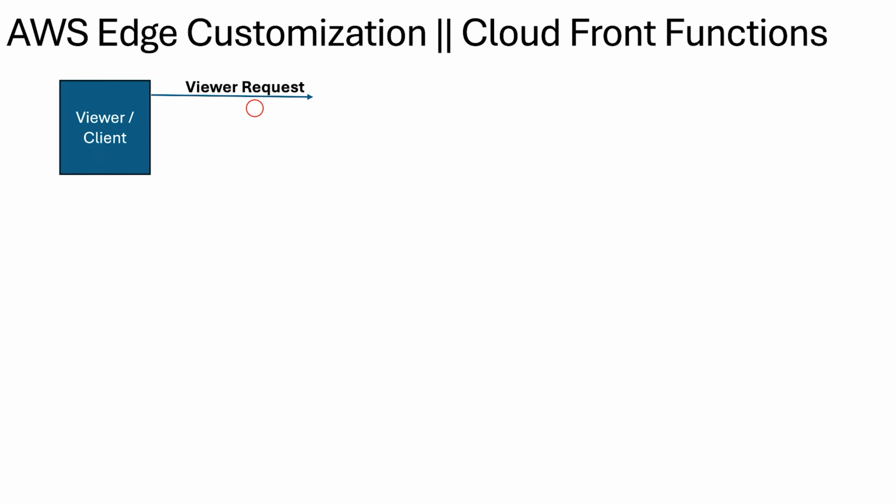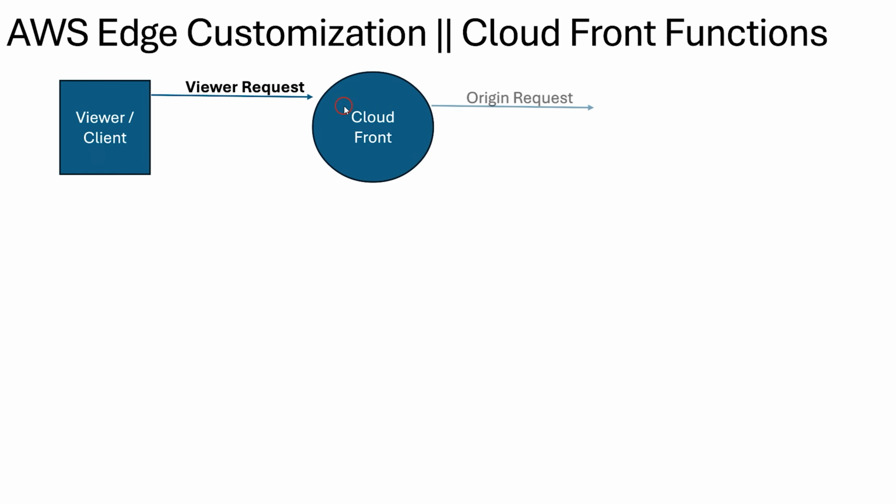Once I hit your website, it will go to CloudFront, the nearest edge location, for example. CloudFront is responsible for sending my request to the origin server. Here you keep an eye on the bold ones. I am sending a request to your website, and using CloudFront, CloudFront is sending my request to the origin server.